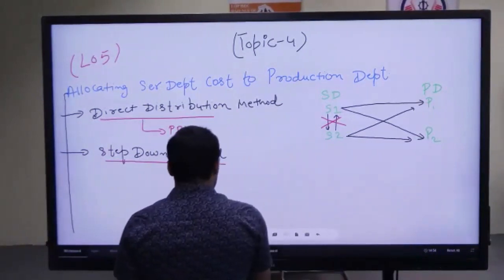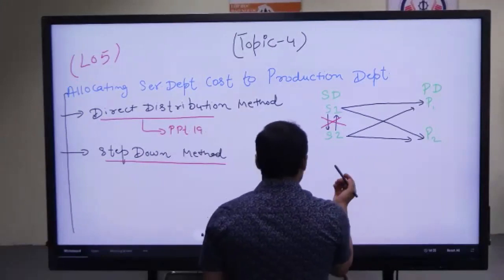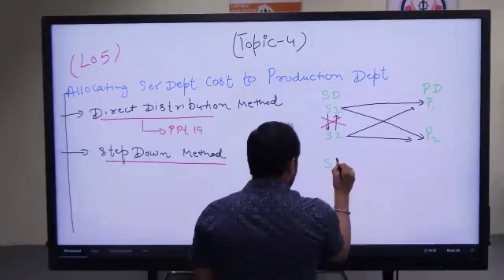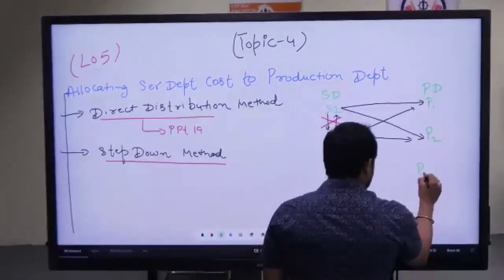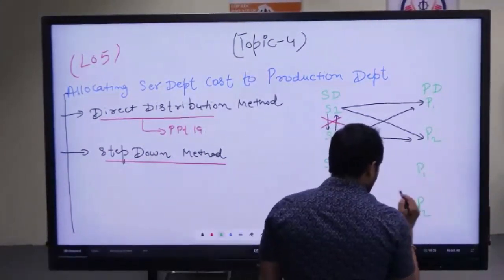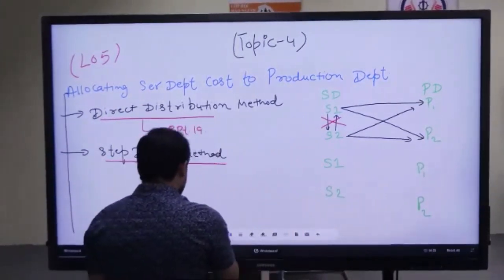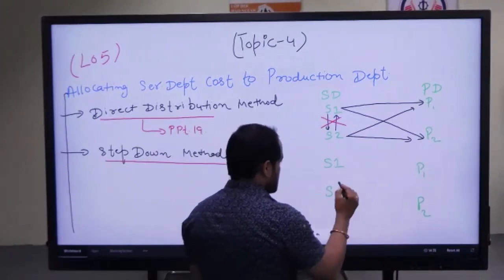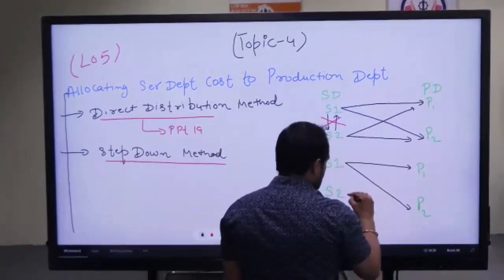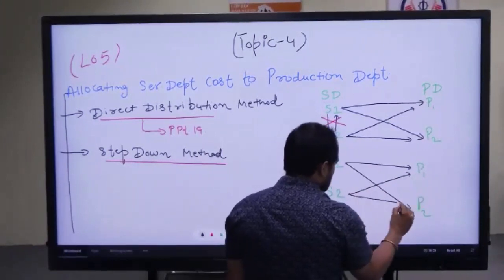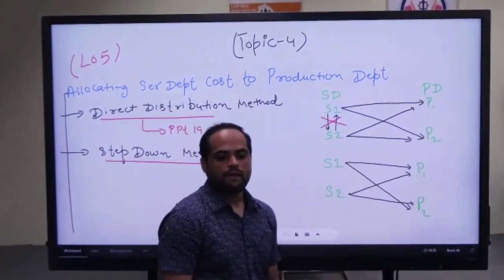So you have service departments, service department 1 and service department 2, and you have production department 1 and production department 2. And of course, the service departments provide services to the production departments.